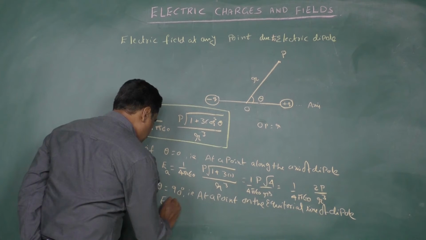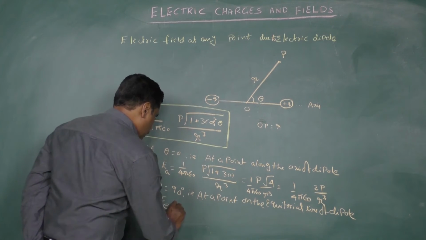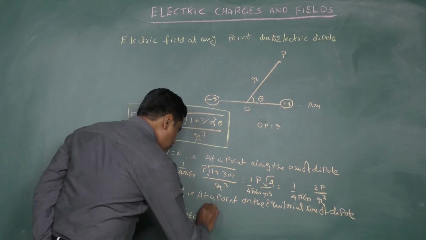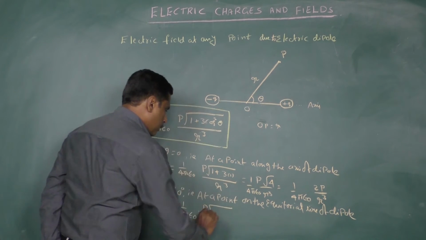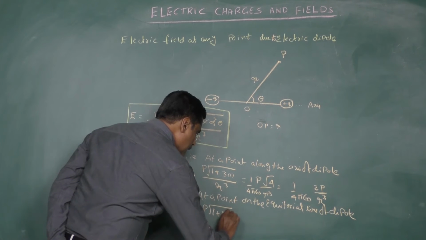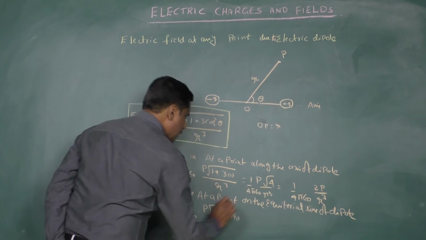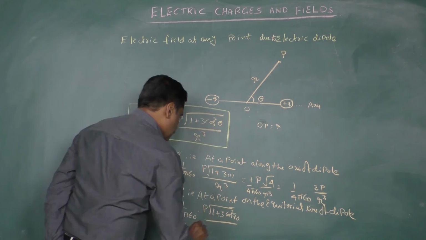Therefore, you can write E is equal to 1 by 4 pi epsilon naught into P into square root of 1 plus 3 into cos square 90 by R cube. But cos 90 is equal to 0.